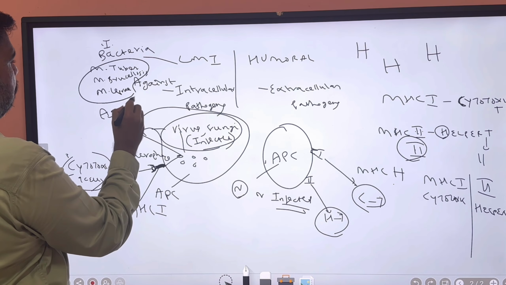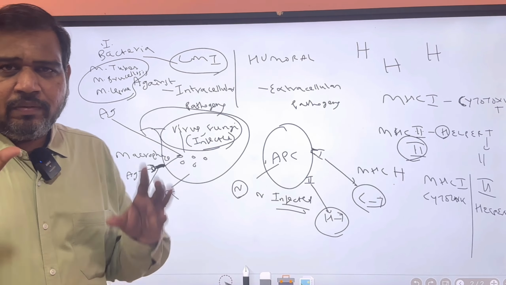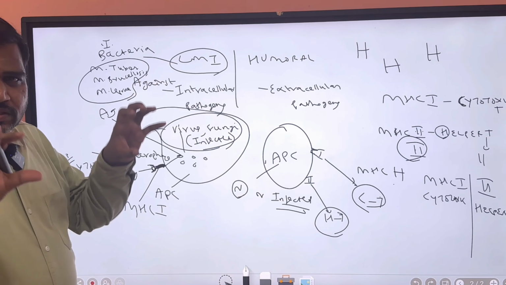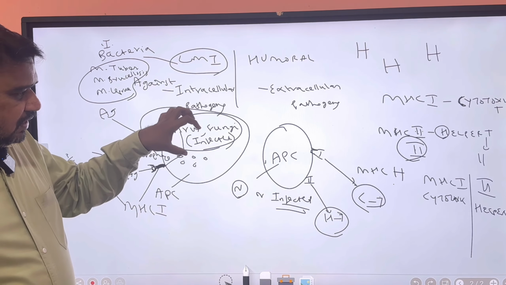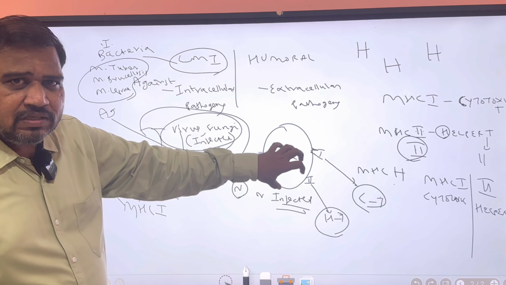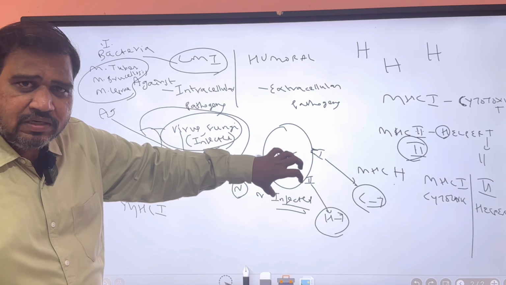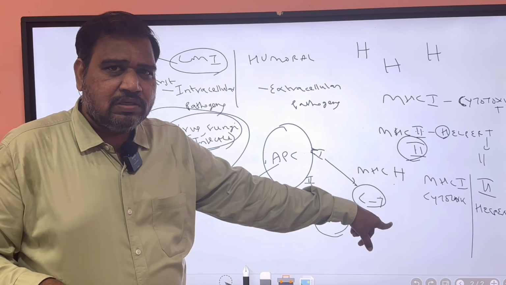Note it down. All these come under cell mediated immunity. Again, repeat: cell mediated immunity is against intracellular pathogens within the cell. That can be either virus or fungi. If the antigen presenting cell itself is infected, it means MHC1, cytotoxic T cells.